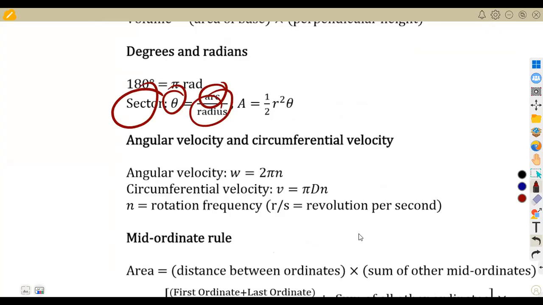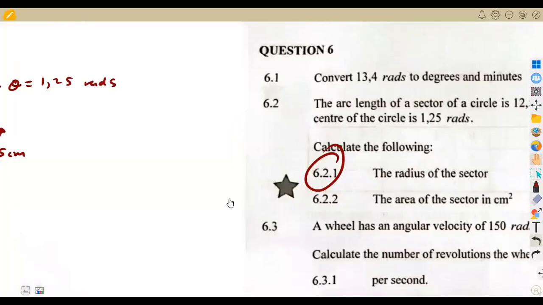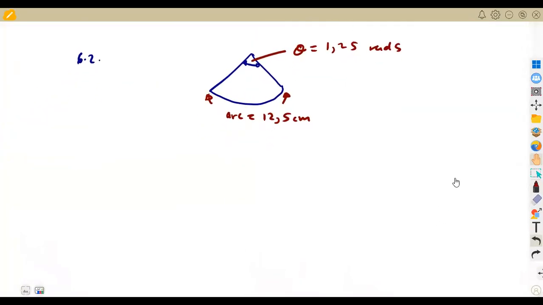I want to explain that formula, the way they gave it to you, so that I do not confuse you. Theta is equal to arc over radius. What are they trying to say? They are simply giving us the formula for the arc length. If you just cross multiply this, you've got the arc.